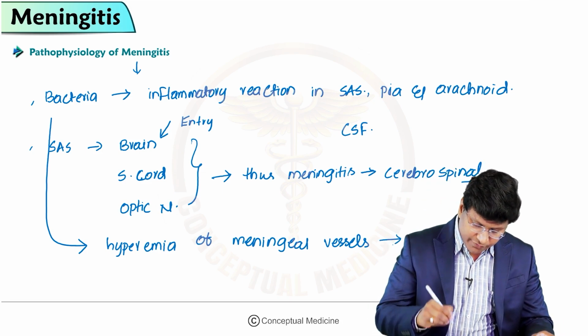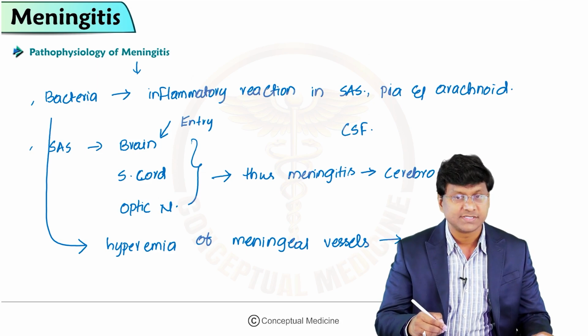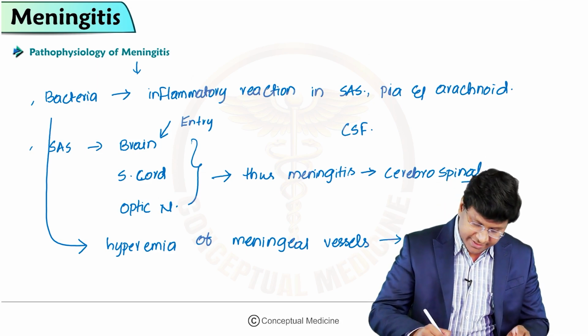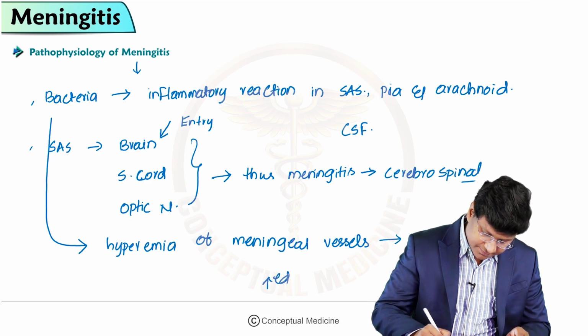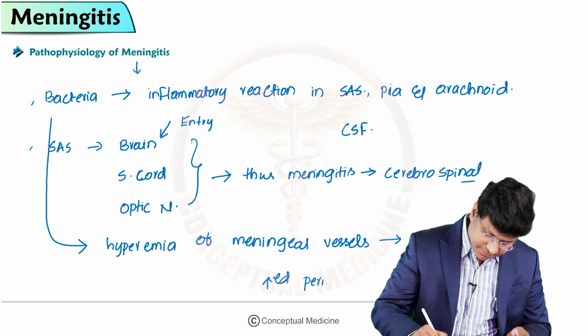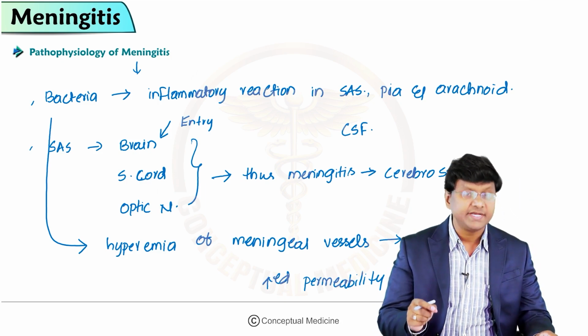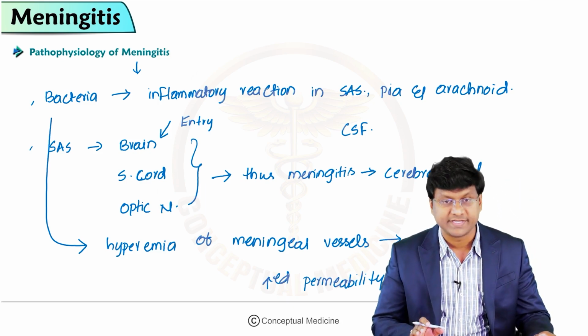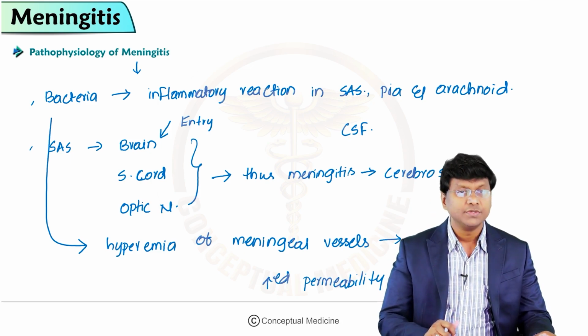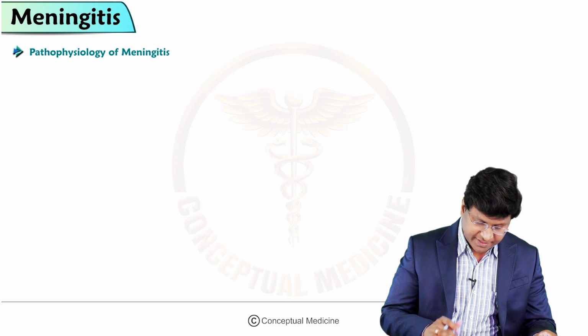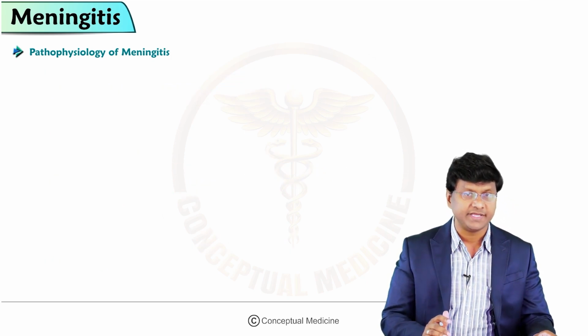Because of hyperemia of meningeal vessels, there is increased permeability of these vessels. Now, once there is increased permeability, what will be the subsequent event?